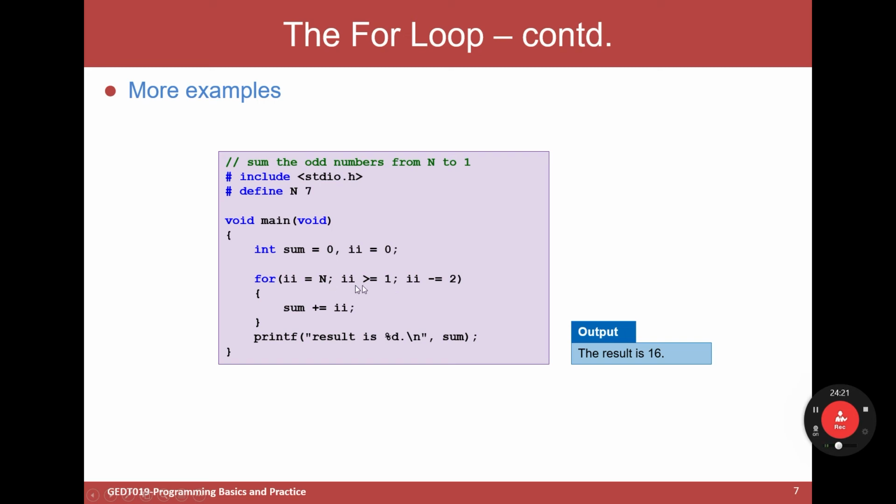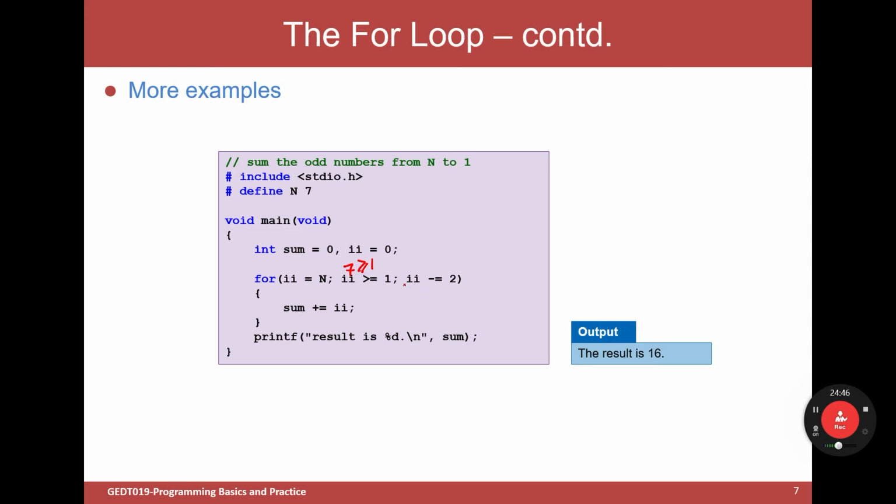And then I have a condition here. I say, if I is more than or equal 1, then do the code. If it's not, then stop. So is I more than 1? Yes, because look here, I is equal 7. So 7 is more than or equal 1, yes. 7 is bigger than 1. So in this case, that means this one is true, no problem.